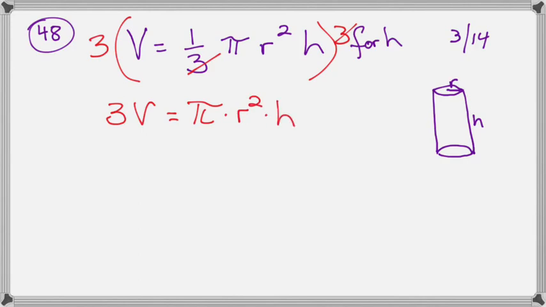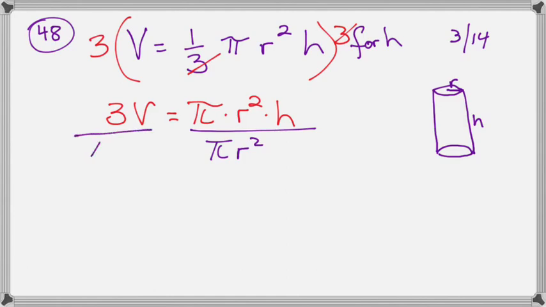And now, again, we have to ask ourselves, what kind of operation originally do I have? That's multiplication. So in order to move it, I have to divide it. And what am I dividing? Everything that doesn't look like an h. So I'm dividing the pi and the r squared all at the same time.